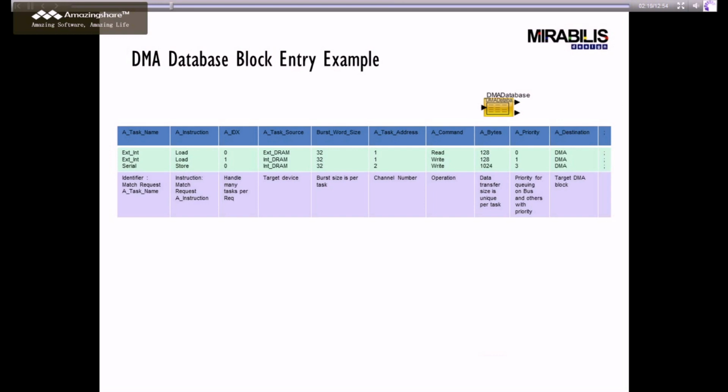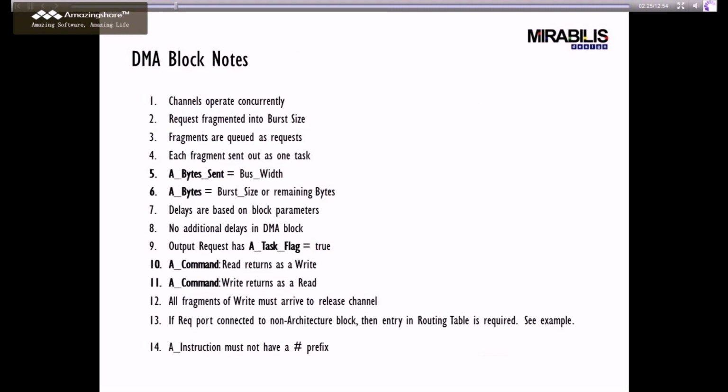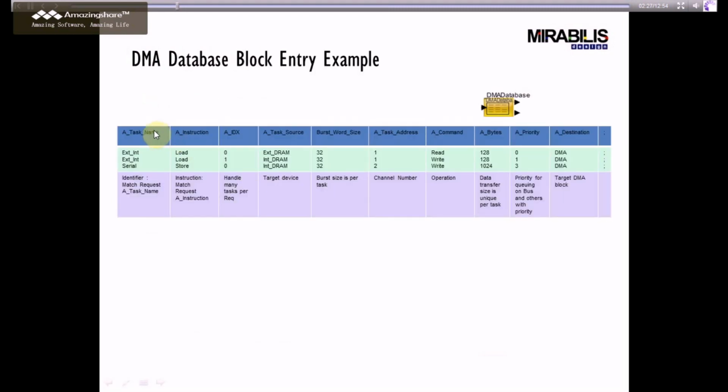As I said before, DMA controller block works with DMA database block, and it has a table with the task name, the instruction type, and the source, destination, and the task size, and if any fragmentation is required, what is the size of the fragmented data, and to which channel you're sending the transaction, and which are your destinations, things like that.